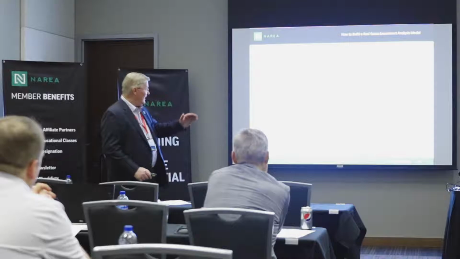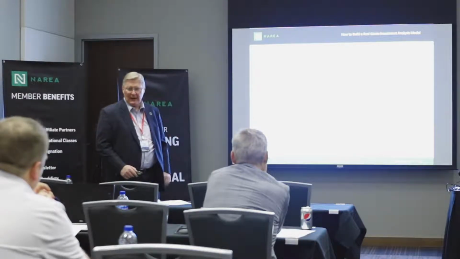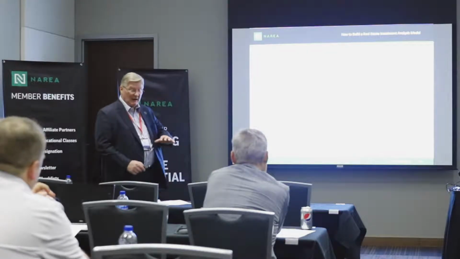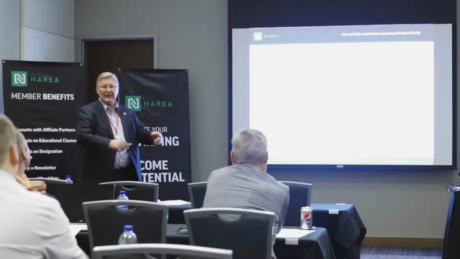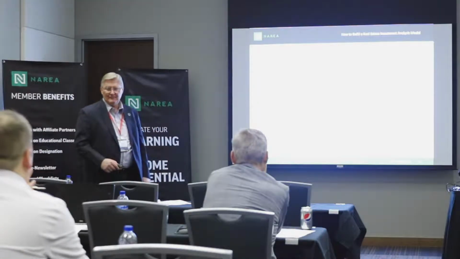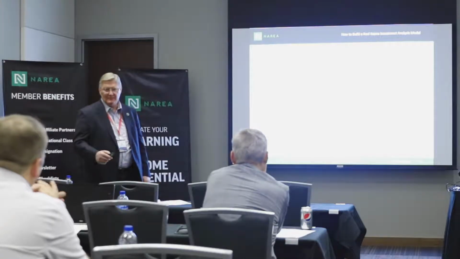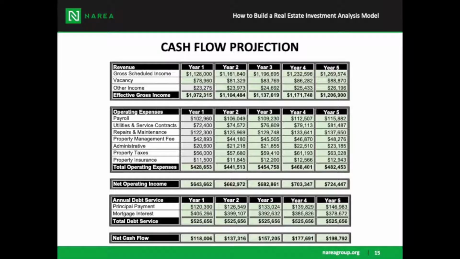So the number that you use is NOI initially, and then when you get to net cash flow, you're plugging in your own debt service, okay? Do you see where the net cash flow is down toward the bottom of the form?